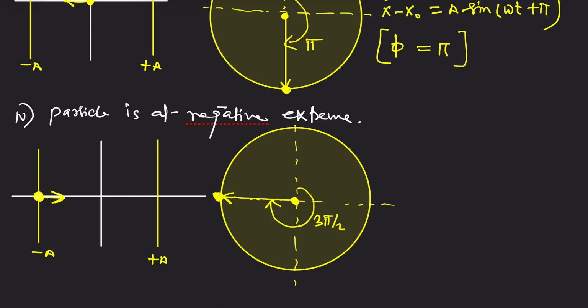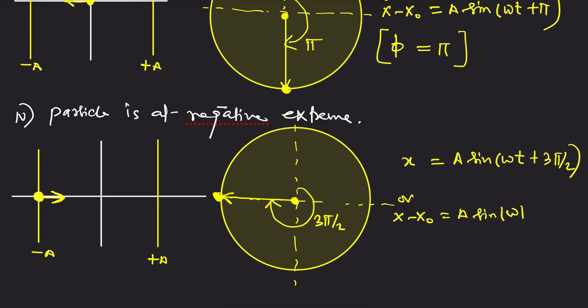So we can say that x we can write as a sine omega t plus 3 pi by 2, or x minus x naught is equal to a sine omega t plus 3 pi by 2, and phase angle is 3 pi by 2 guys.